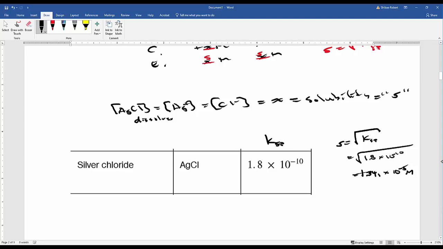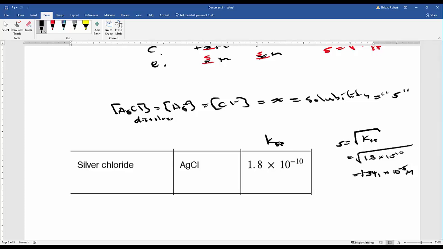The units here would be molar. We can plug this back in to do a check. If we square this, will it give us back our Ksp? Yes, it gives us back our Ksp. So that would be our check, plugging the equilibrium concentrations back in. Okay, 1.341 times 10 to the minus 5 molar.